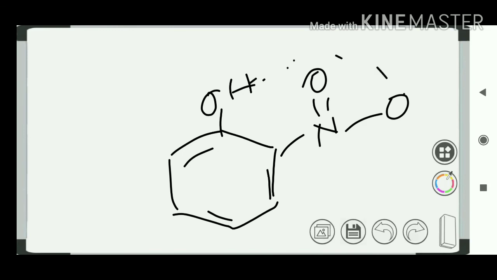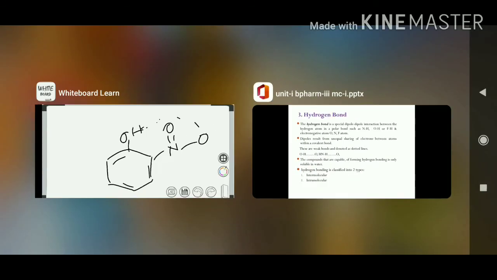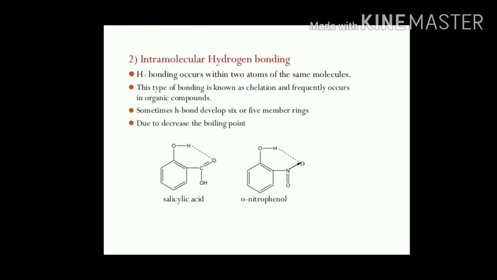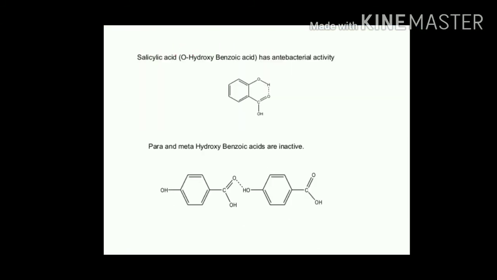So this is about intramolecular hydrogen bonding. Salicylic acid obviously has antibacterial activity. The para and meta hydroxybenzoic acids are almost inactive.